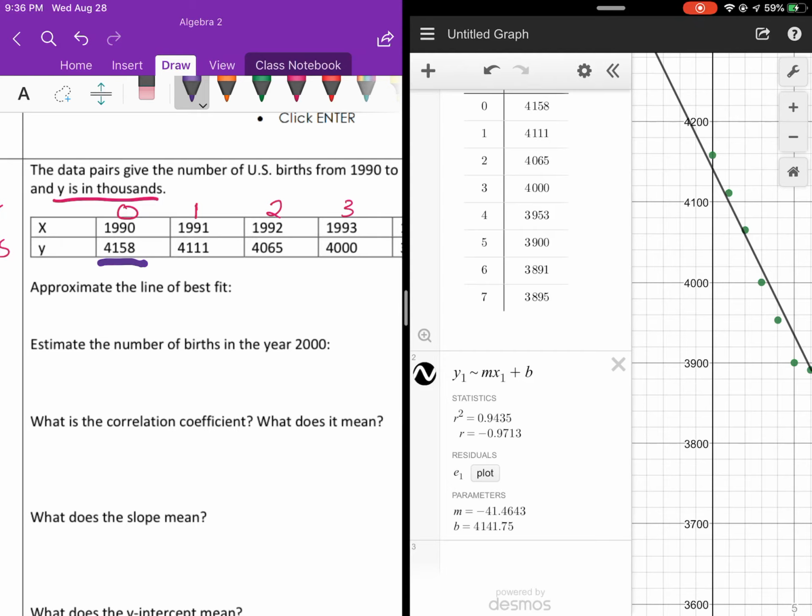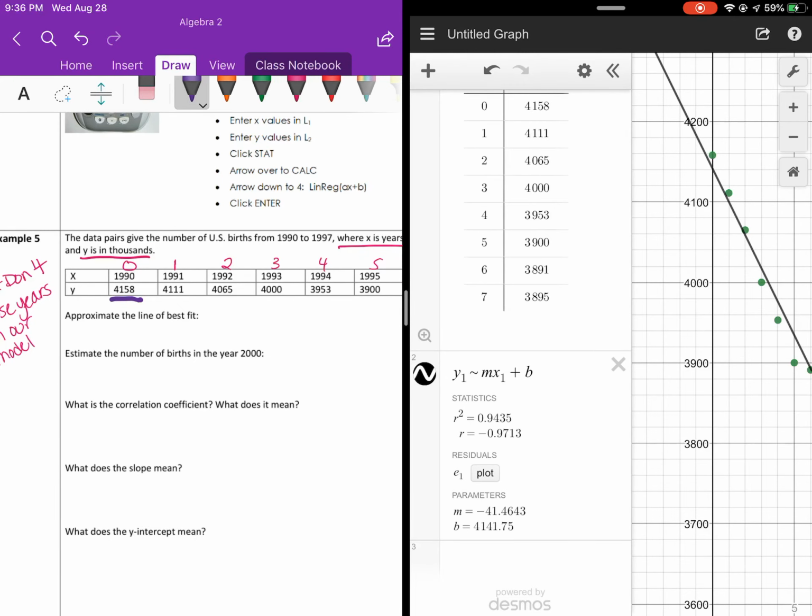Then the parameters, this gives me my M, and remember M stands for slope. So my slope of my line is negative 41.46, and my y-intercept, my B of my line, is 4145.75. So I can use that to write my line of best fit.